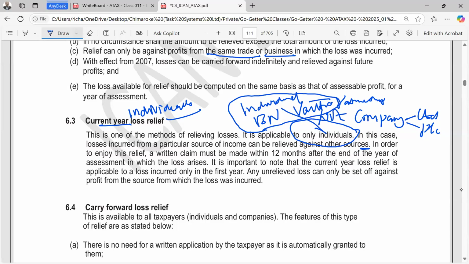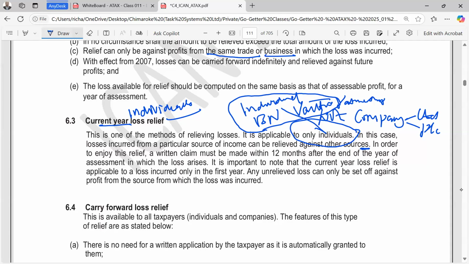But any unrelieved loss, the ones you cannot relieve, you cannot set the remainder against other sources of income. No, the remainder must become a carry forward loss. And once it becomes a carry forward loss, you are taking it to the next year, and you are going to set it off from the same source in which the loss occurred. Let me give you an example.